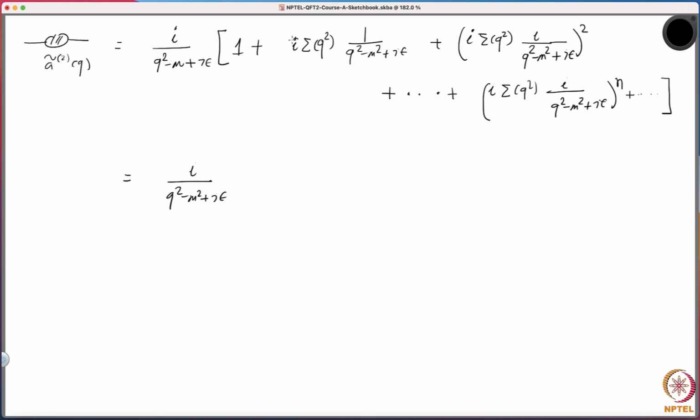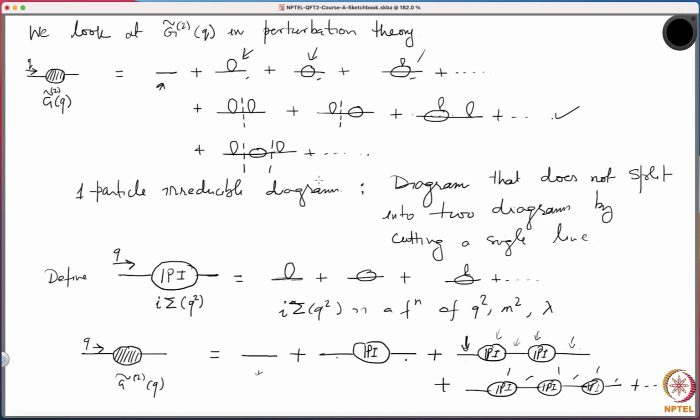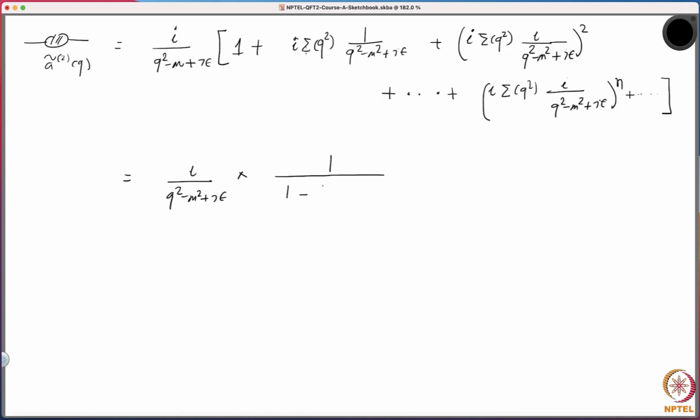So you have a series here which you know how to sum, and this is what? This is 1 over 1 minus, okay, I have a small issue, I should put a minus here. So that's how I define a minus I sigma. Okay, so this is minus I sigma.